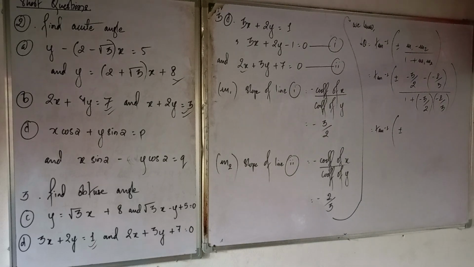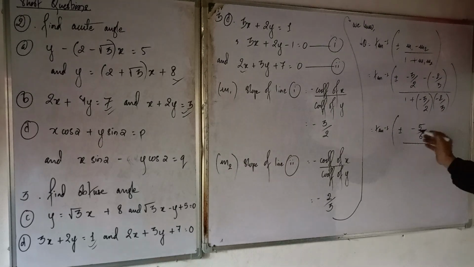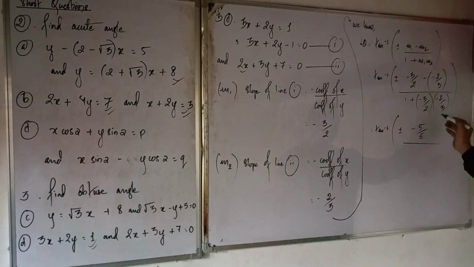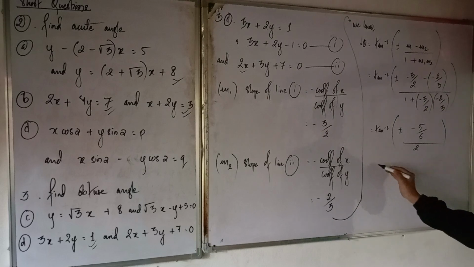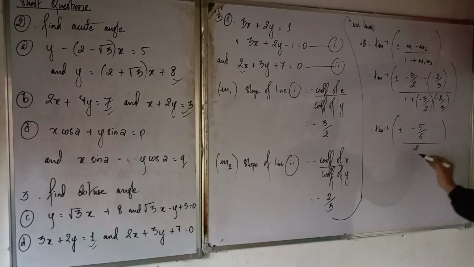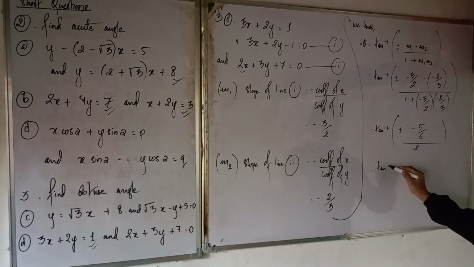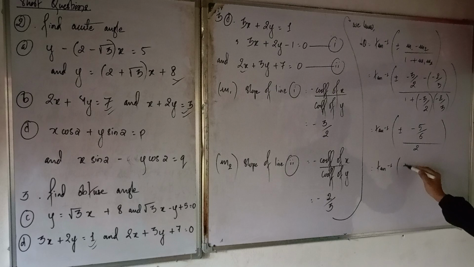The numerator will be minus 5 by 6, and in the denominator, the 2 and 3 cancel, giving 1 plus 1, which is 2. So it becomes plus or minus minus 5 by 12.